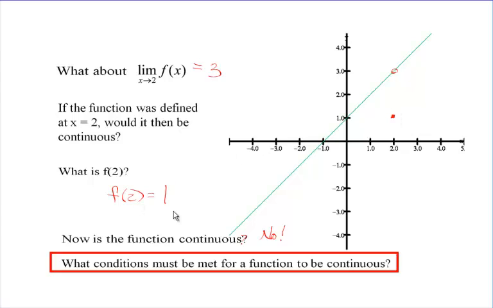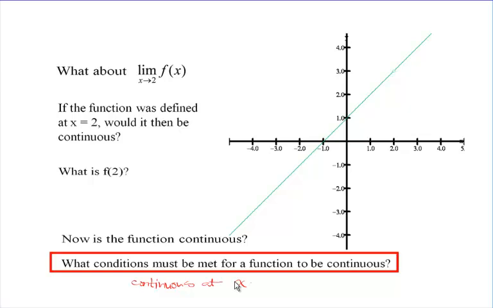So just because a function has an output and just because the limit exists does not mean the function is continuous. There are some conditions that need to be met in order to say that this function is continuous at x equal 2. So what conditions must be met for the function to be continuous, and specifically continuous at an input value of x equal 2?